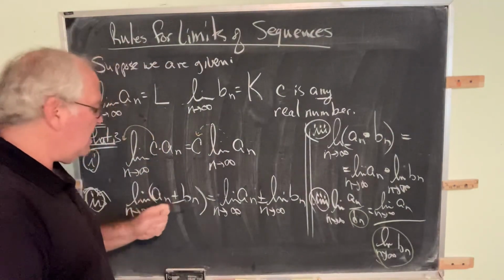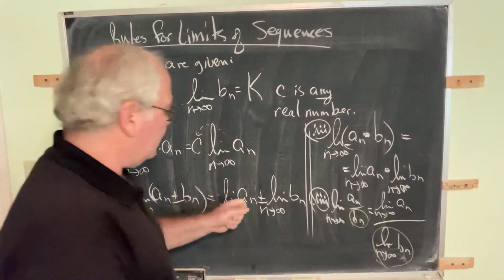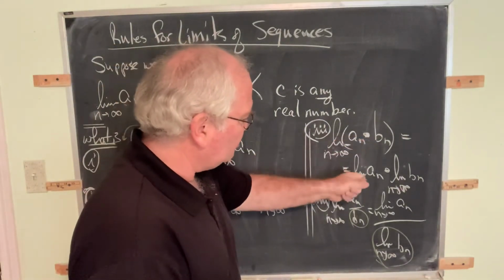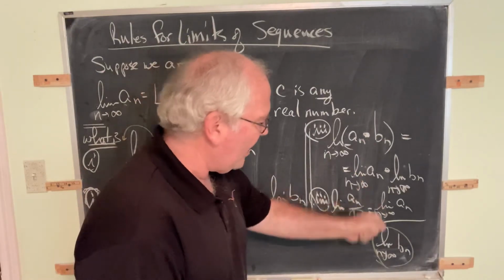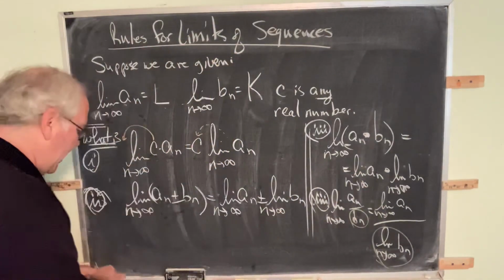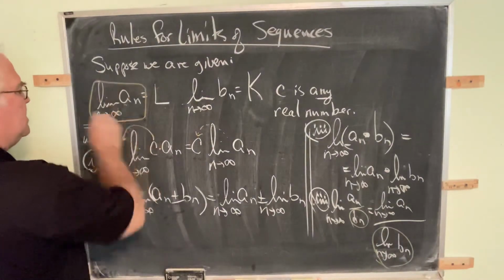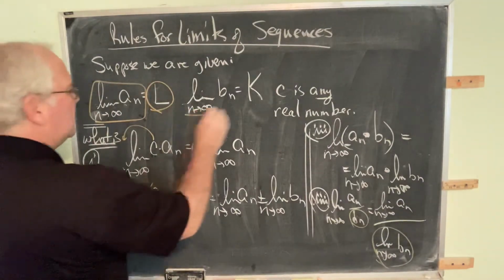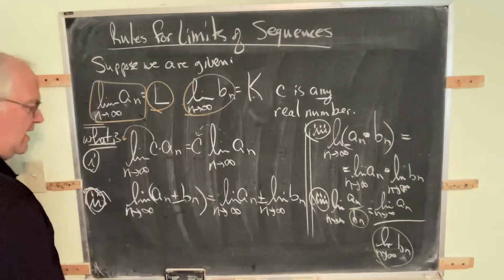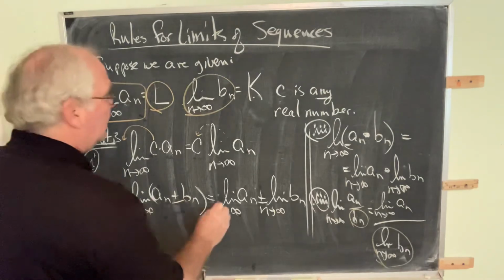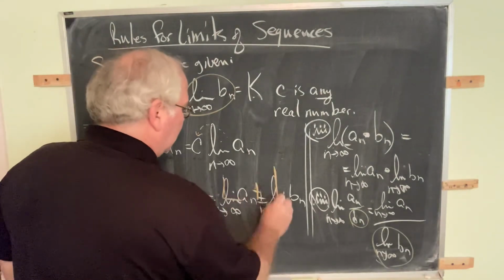The limit of the sum, the limit of the difference. The limit of the multiple is the multiple of the limits. The limit of the fraction is the fraction of the limits. And here's where these L's and K's come in. Anytime you see this symbol, you can write that as L. Anytime you see this symbol, you can write that as K. So the limit of A plus the limit of B is L plus K, or minus.